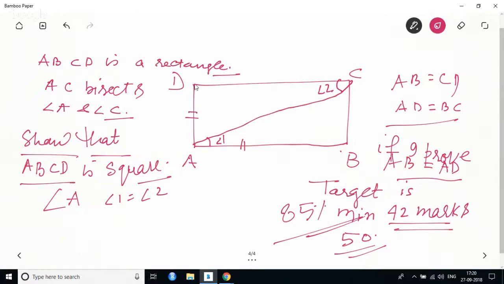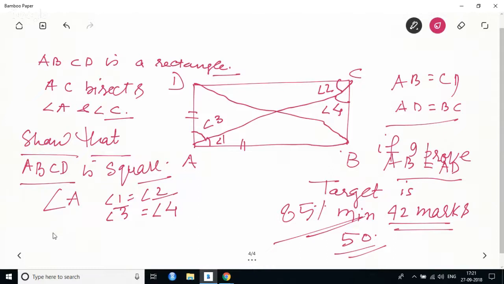Now let me draw a diagonal from here also, and let me write down angle 1 is equal to angle 2. Now what is the other angle? This angle, which I am assuming to be angle 3, would be equal to angle 4 here. So angle 3 is equal to angle 4.